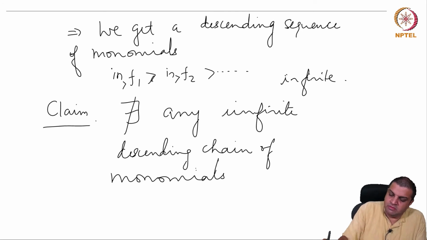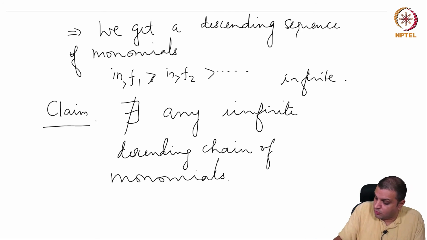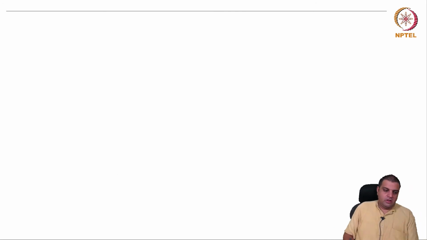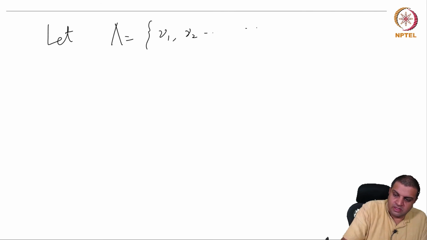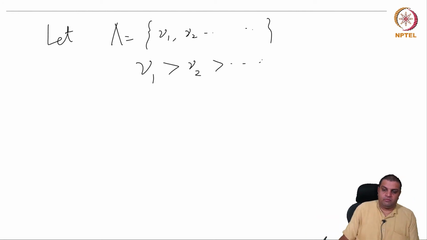Again, descending chain means with respect to the given monomial order. So how do we prove this? Let lambda be a set of monomials nu1, nu2, and so on, such that nu1 is bigger than nu2, bigger than nu3, and so on.